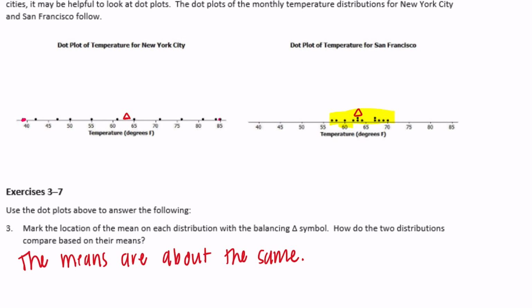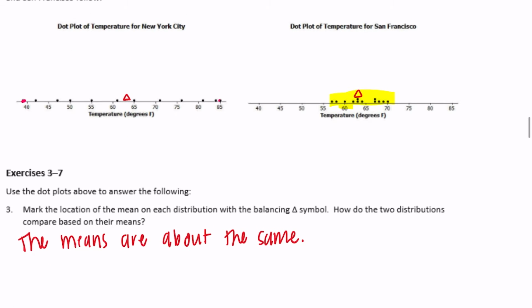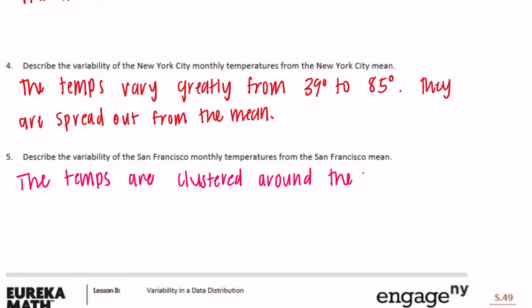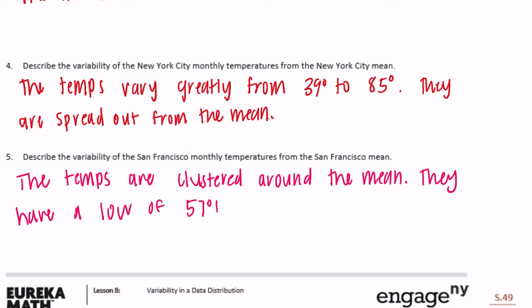So let's say they're clustered around the mean and vary from a low of 57 degrees Fahrenheit to a high of 70 degrees Fahrenheit.